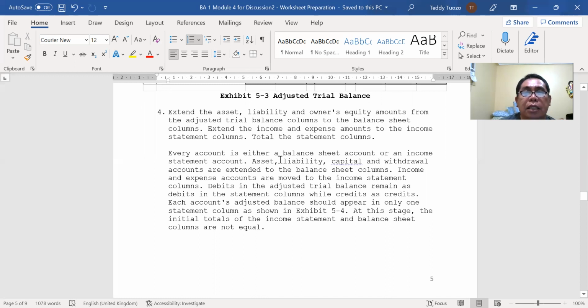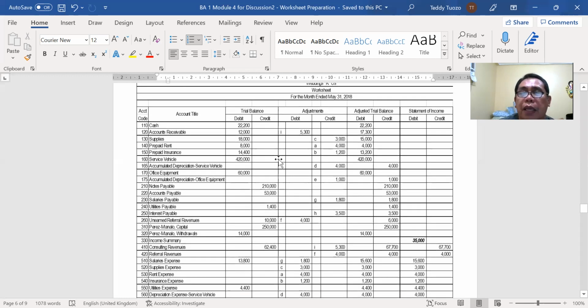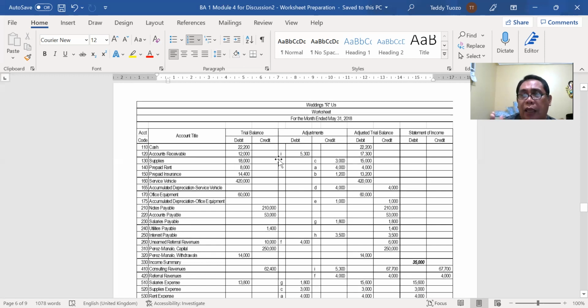So next is to extend the asset, liability, and owner's equity amounts of the adjusted trial balance column to the balance sheet columns, and to the income statement columns. So here is the statement of income. And before we fill in the statement of financial position or the balance sheet column, we need to identify first which accounts are part of the income statement and which are statement of financial position accounts.